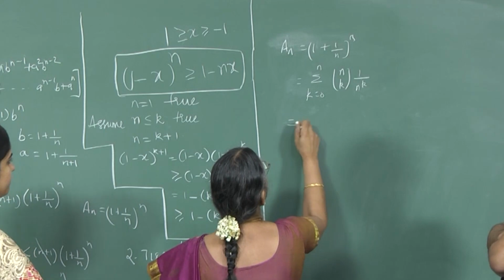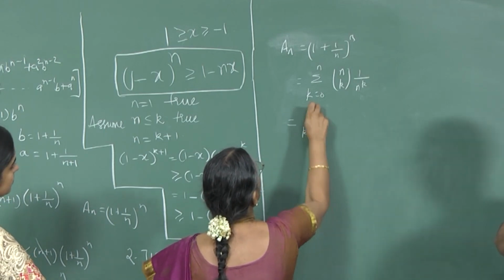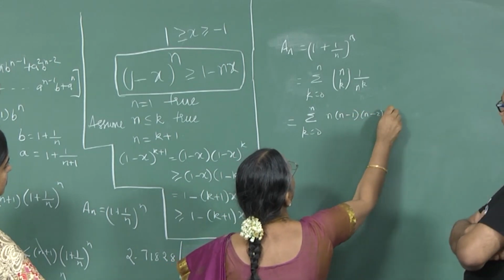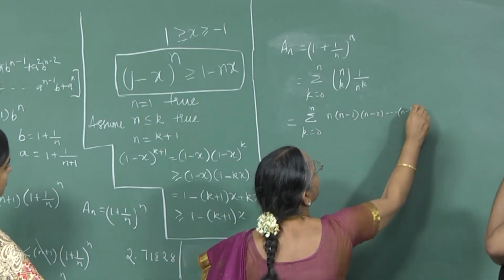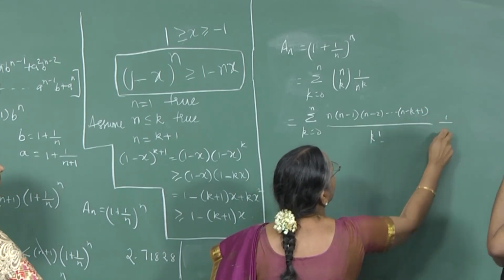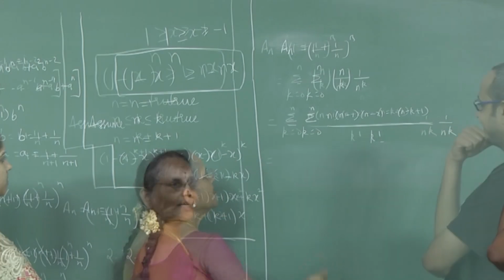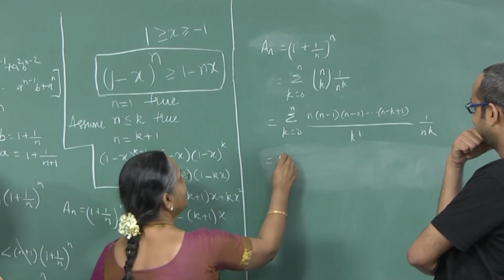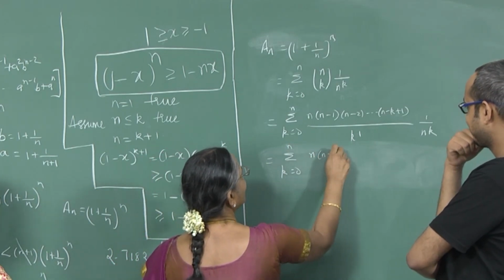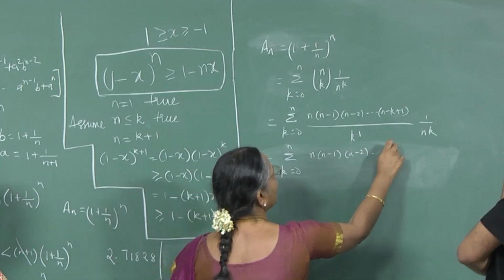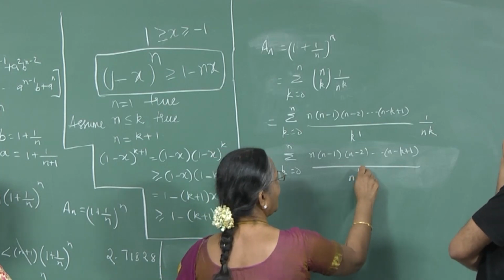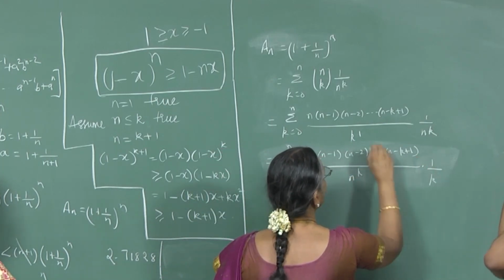So this gives me the sum for k = 0 to n of n(n−1)(n−2)... up to (n−k+1) divided by k! into (1/n)^k. I rewrite this as the sum for k = 0 to n of n(n−1)(n−2)... up to (n−k+1) divided by n^k into 1/k!.